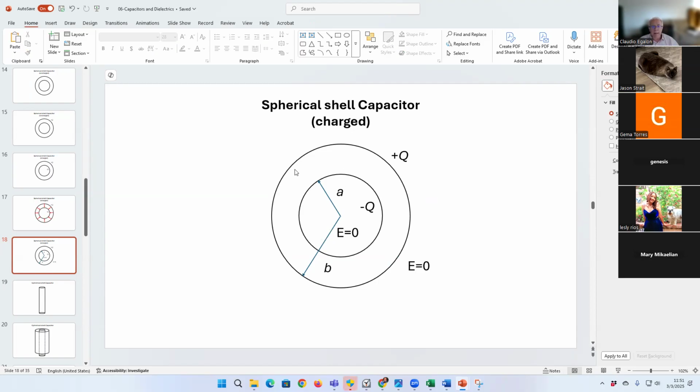So we have only an electric field here between those two surfaces, because the electric potential of this spherical shell behaves just like that of a point charge.